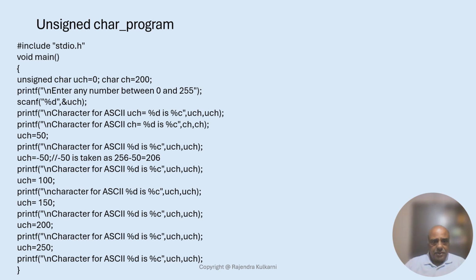What this tells is that whatever int value or ASCII number has been stored in UCH will be outputted in %d form by the %d format specifier, and the %c format specifier will output the value stored in UCH in the form of a character.